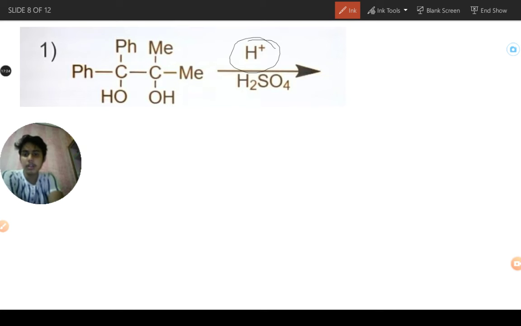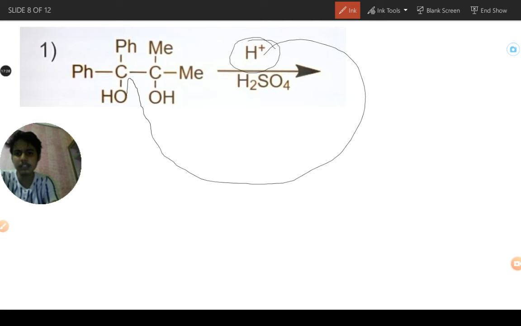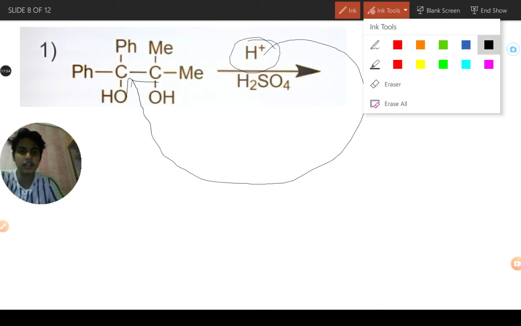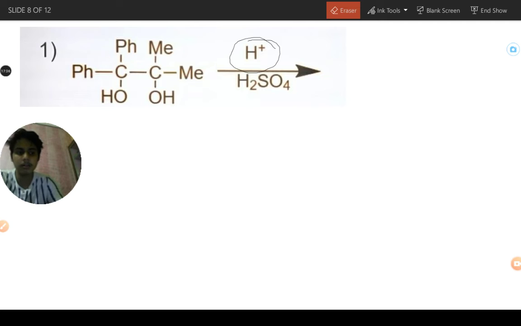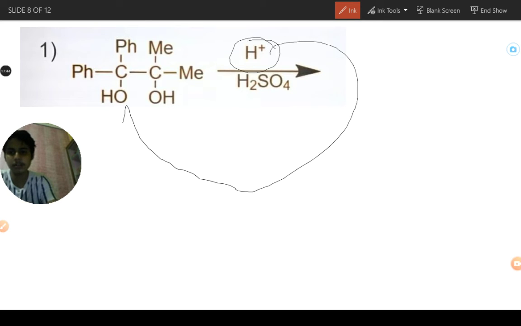So here the H plus will attack at this oxygen. The H plus will attack over here, and we need not write all these steps now.